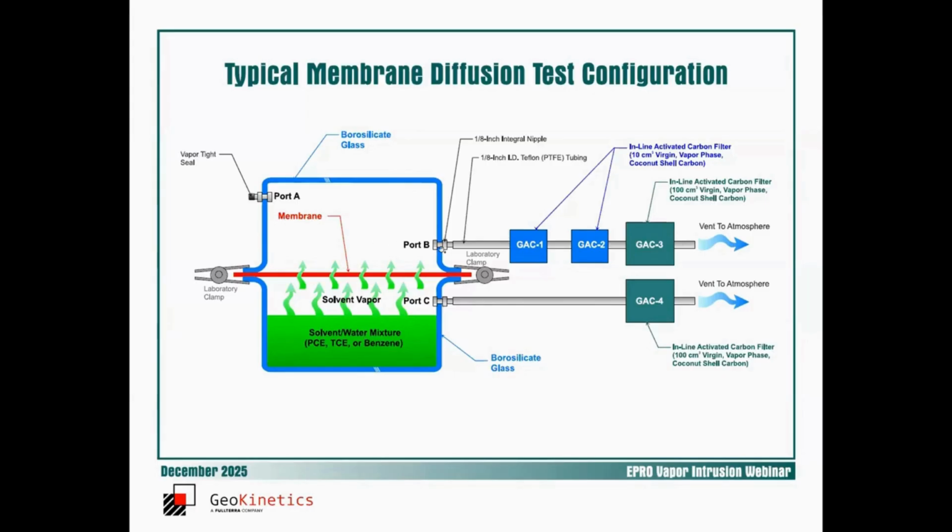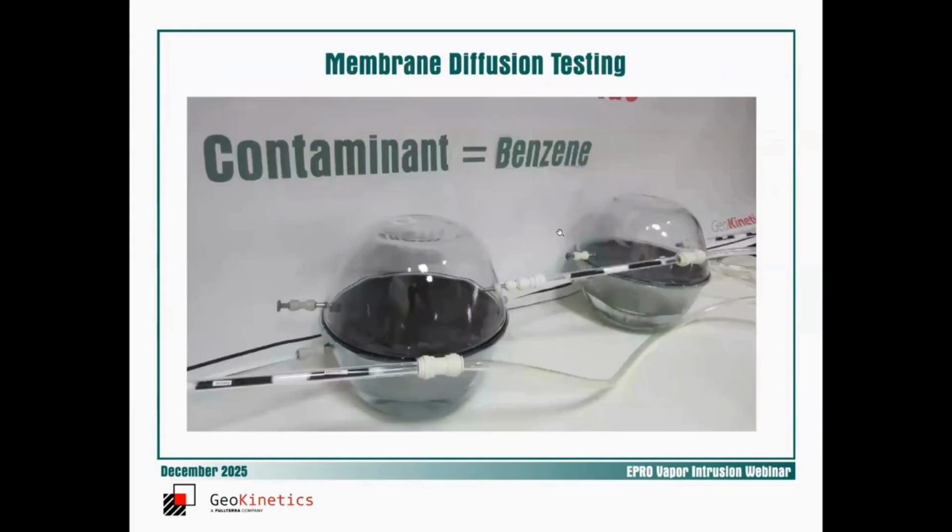So as the VOCs diffuse across the membrane, or are transported by a pressure differential which we can set up across the membrane, they're captured by the filters, and we can measure and quantify the rate of transmission. It's a typical test setup.